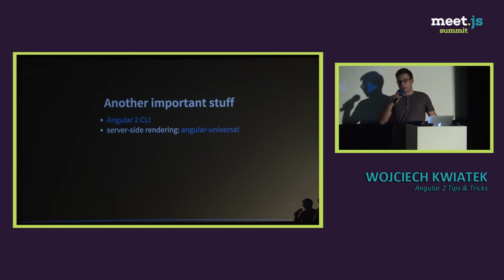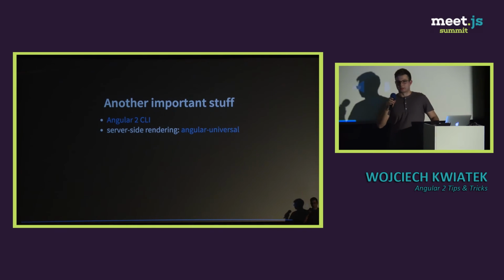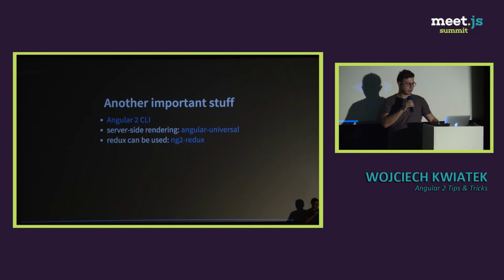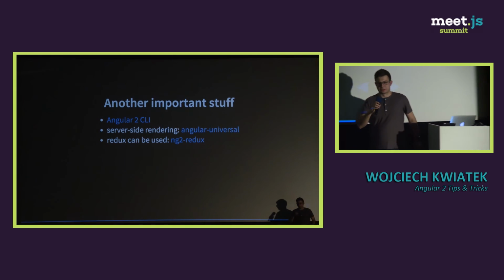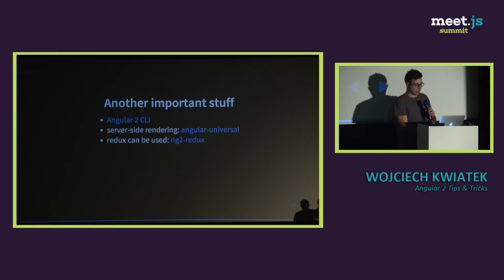It's also made by the core team, so it's still Angular. It's not some kind of project that people do which has nothing in common with the core of Angular. This is a project in the Angular repository. So Angular Universal is server-side rendering for some of the languages for now.